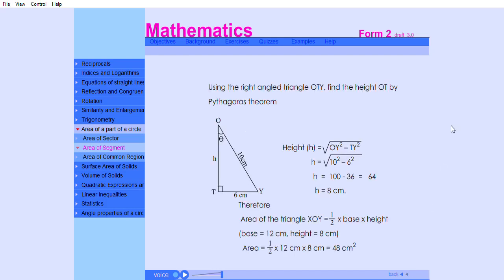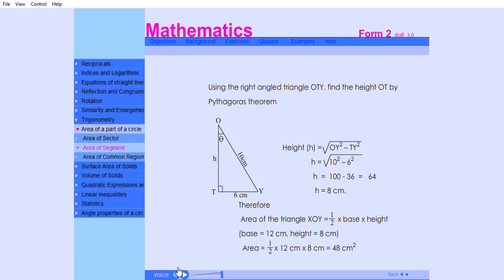Using the right-angled triangle OTY, find the height OT by Pythagoras theorem. h squared is equal to OY squared minus TY squared, which is 10 squared minus 6 squared, which is 100 minus 36, which is equal to 64. h is equal to 8 centimeters.